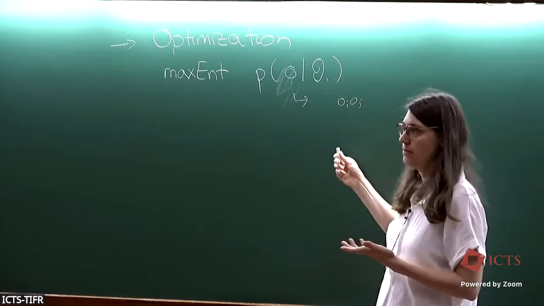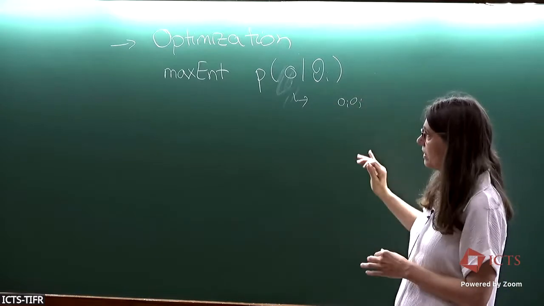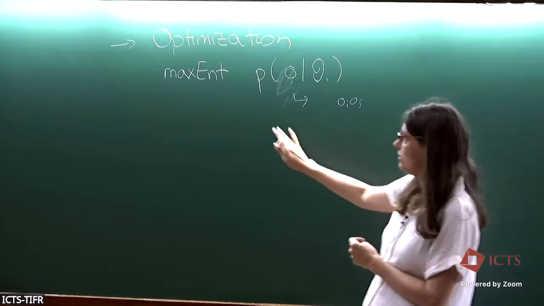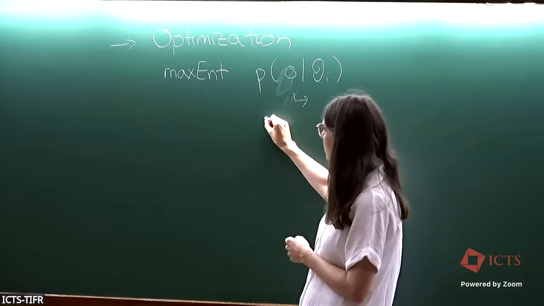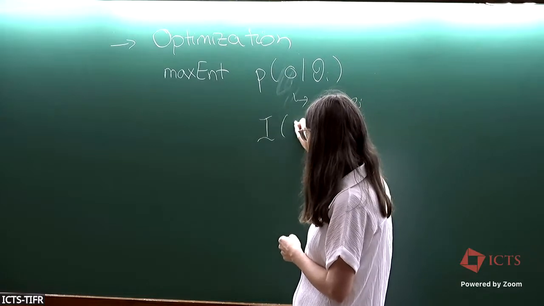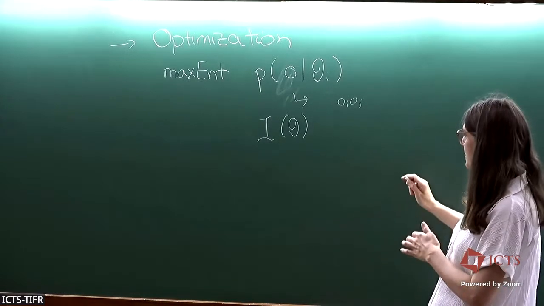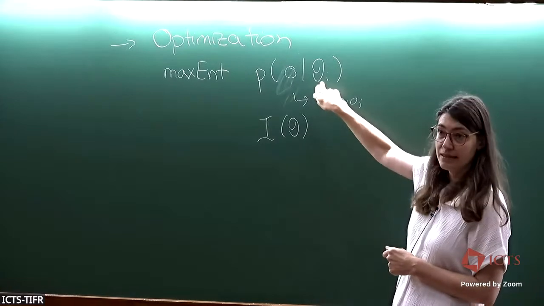And then maybe for people who are interested in this, when people do these max entropy optimizations, a quantity that people often like to look at is the Fisher information. And the Fisher information is basically a change of this function with respect to the parameters theta.